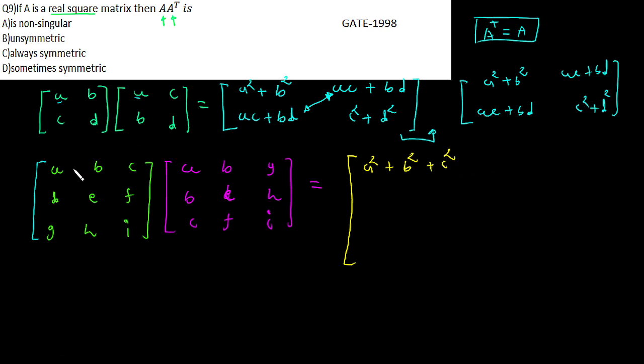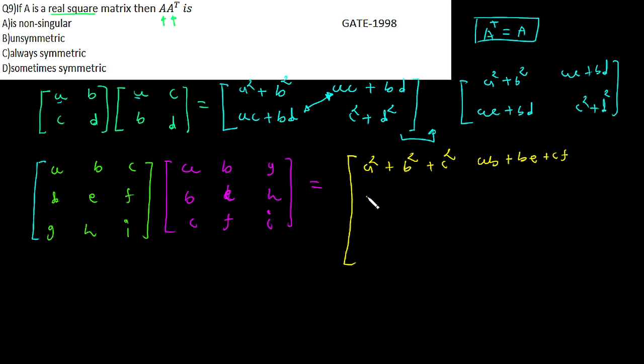Now the second entry, we are getting here A. We have to multiply with B. So we are getting AB plus BE plus CF. Now if I want to find this entry, I have to multiply this row with this first column.